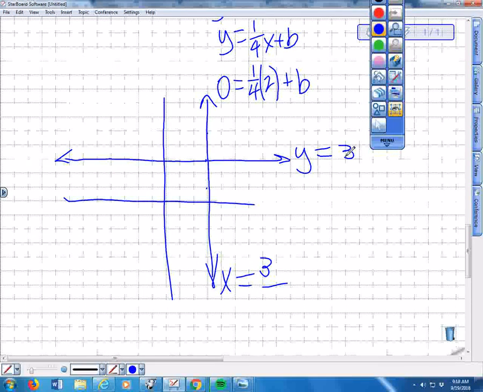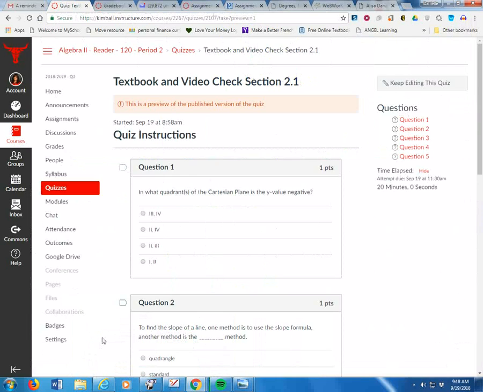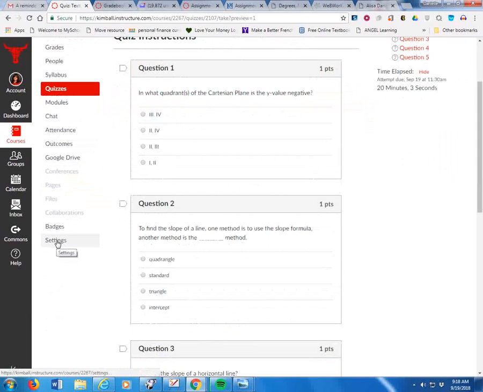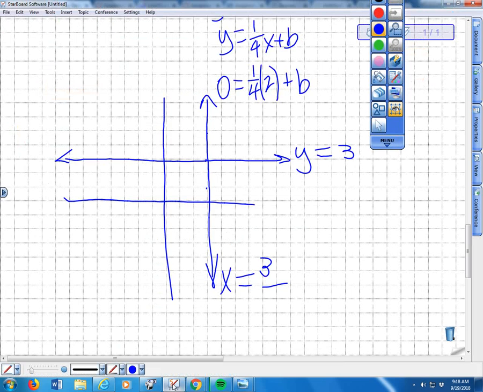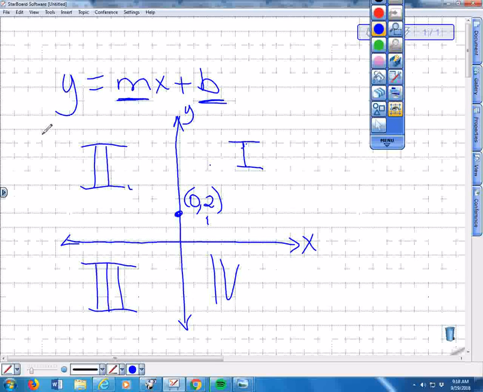Okay? Let's take a look at the textbook check. In what quadrants of the Cartesian plane, which is just your xy axis, is y negative? 3 and 4. Y is negative right here.